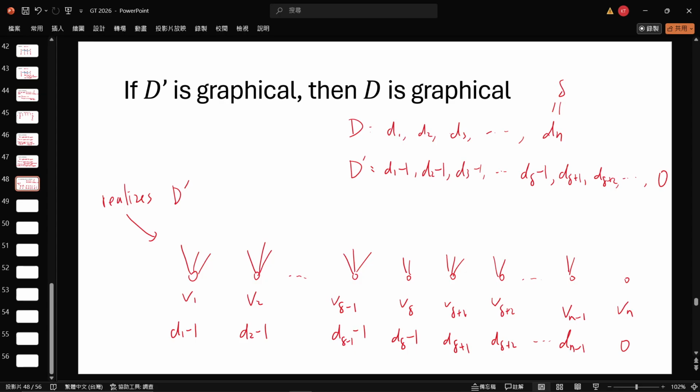Now we can see the main differences. First, for the first delta vertices, their degrees must be increased by 1. This one is D1 minus 1, and what we want is D1. So we have to create one edge for V1. Similarly, we have to create one edge for V2 up to V delta. So for these vertices, we have to add one more edge.